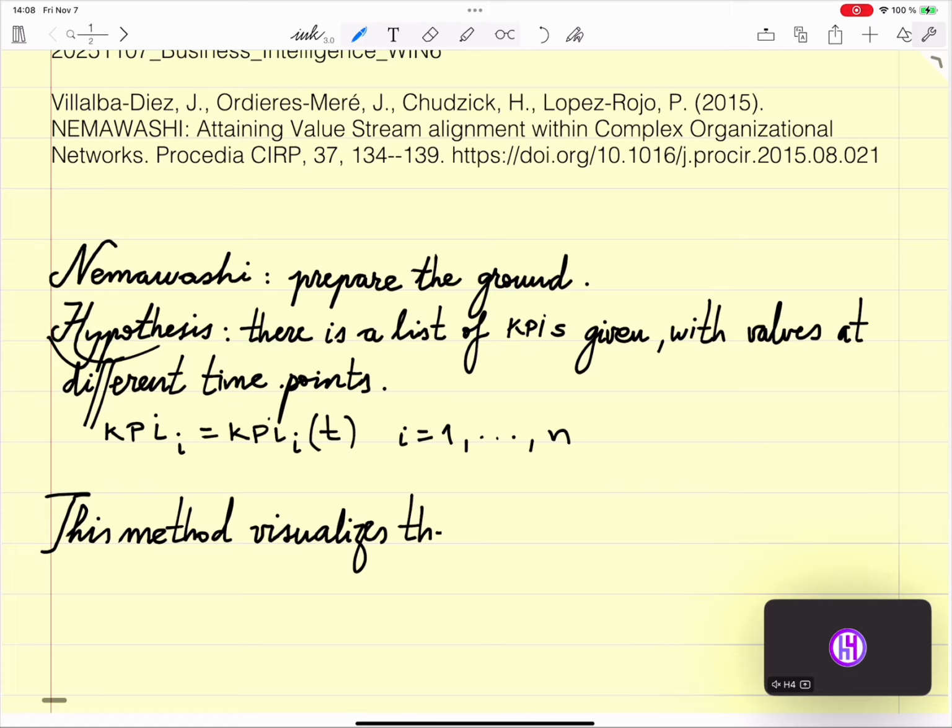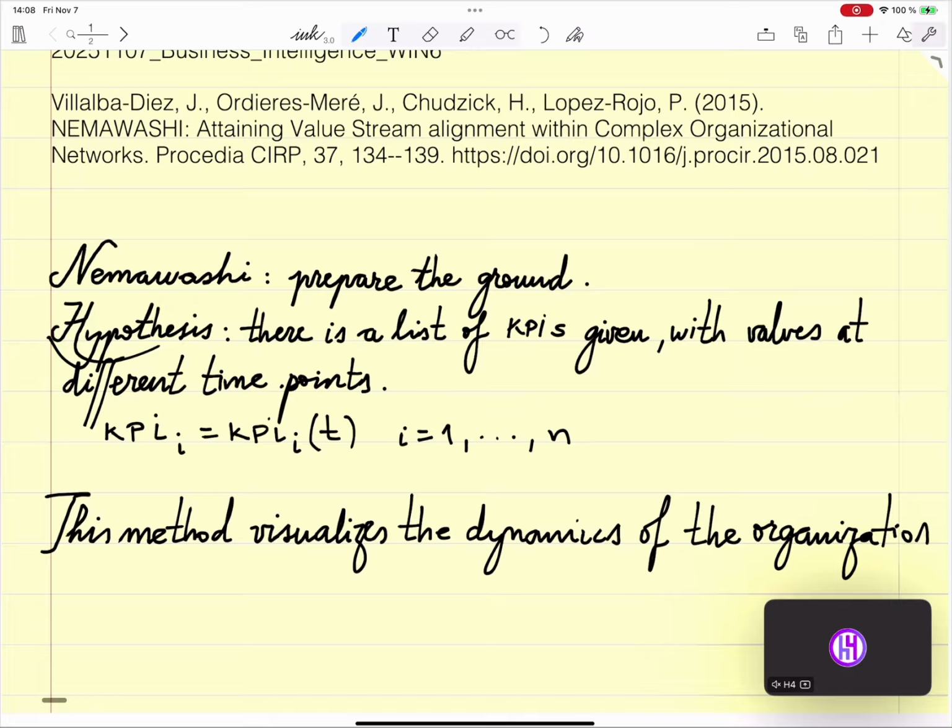Visualizes the dynamics of the organization through its KPIs. Okay.